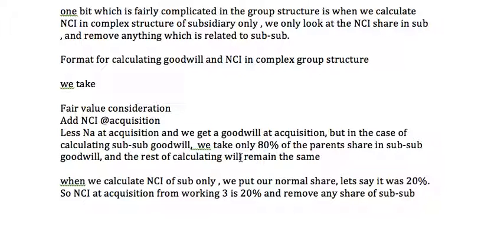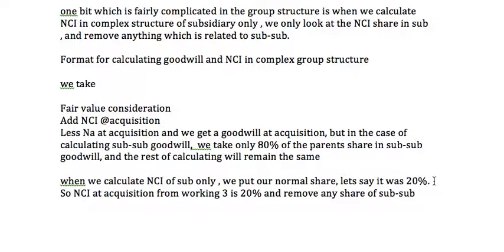So then if our direct interest in our first subsidiary was 80%, then in fair value consideration, we are going to take into account 80% of the parent's share in sub-sub goodwill, and the rest of calculation will remain the same. Secondly, when we calculate NCI of sub only, we put our normal share, let's say it was 20%.